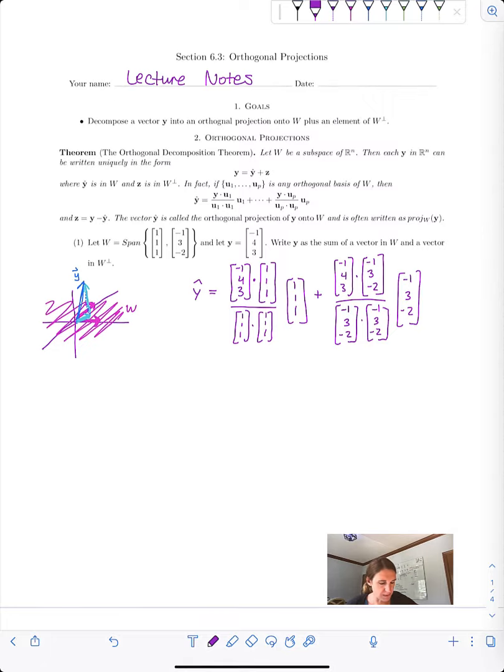When we do this out on top, we get -1 plus 4 plus 3 over, because I just multiplied the 1 with the -1. I'll do this next one more slowly in case we've forgotten how we do dot products. So we do 1 times 1, which is 1, 4 times 3, which is 12, and 3 times -2, which gives us -6.